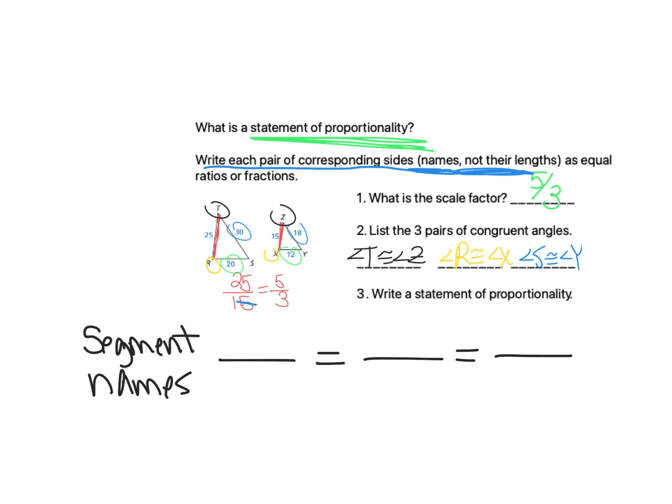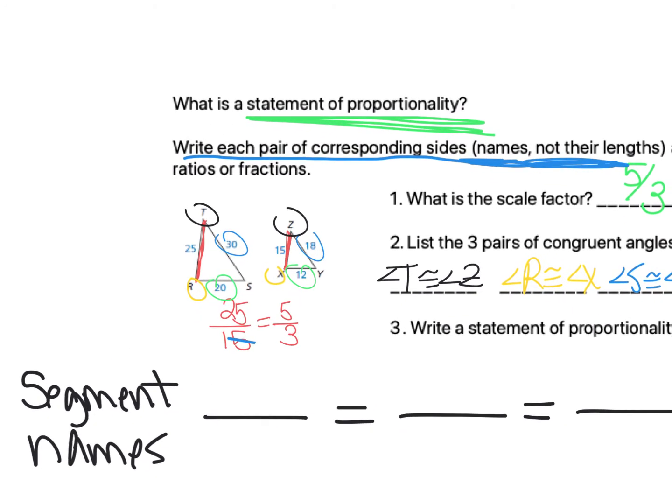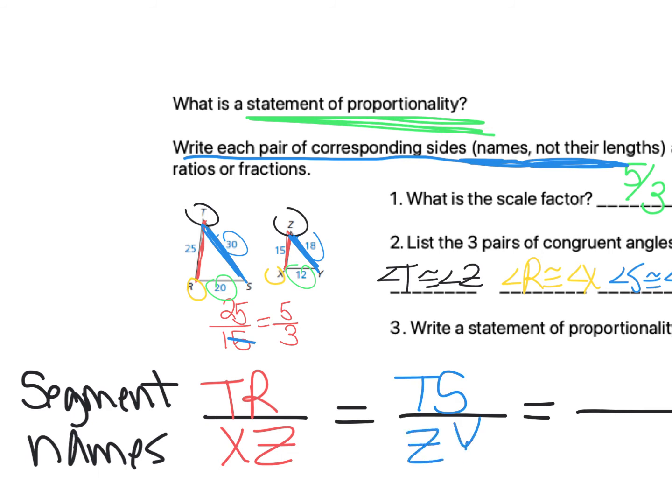Okay, so if we look at our diagram here, I have marked in red TR and XZ. That's one pair of corresponding sides. That's the first fraction in our statement of proportionality. Then I have TS and ZY, so that's going to be my second fraction in my statement of proportionality.